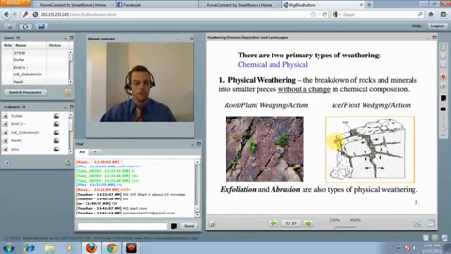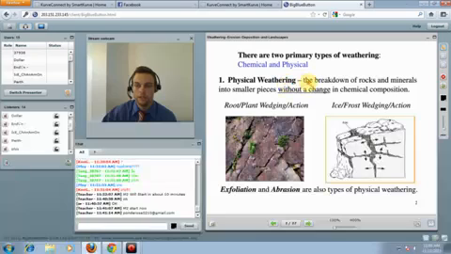So anywhere you can think of your own examples, anywhere something physical is breaking down these rocks but not changing them, they're still the same chemical. So say this is made of silica, which you may have learned in chemistry class. Some rocks have large amounts of silica. They're not changing into silica carbonate or anything like that. They're still silica. They're just smaller pieces.